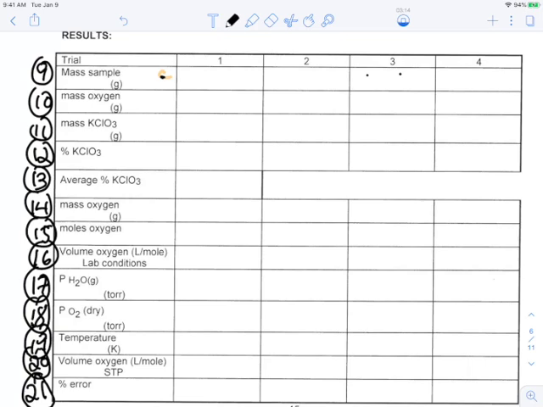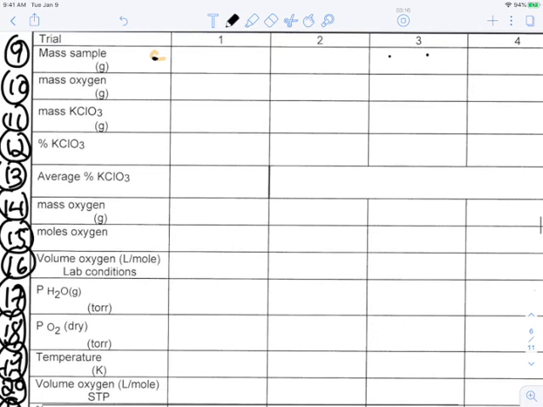Okay, so I'm going to put in here 2.2420.